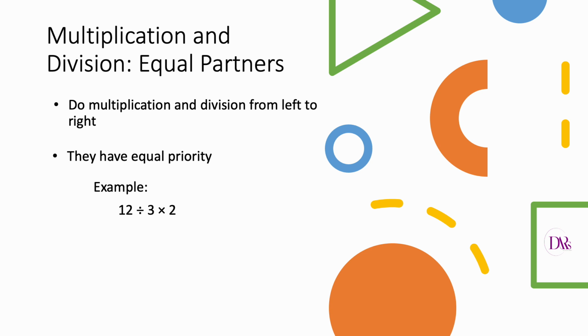So what is 12 divided by 3? It is 4. Now we do 4 times 2, and that equals 8. Great job. So now you have taken care of the multiplication and division because they are equal partners when we are doing order of operations.